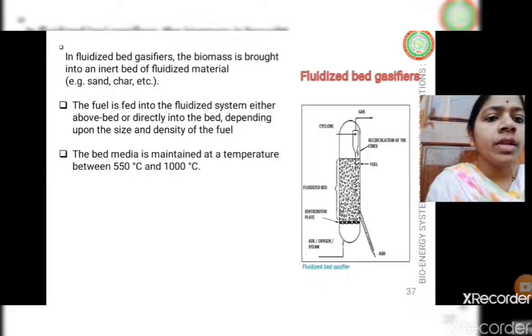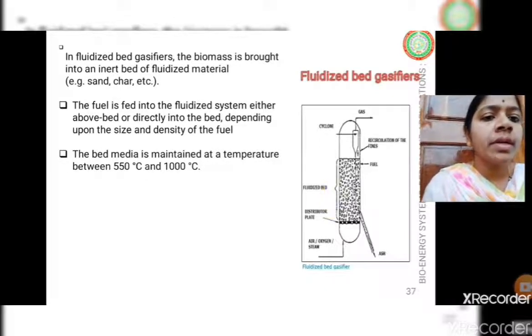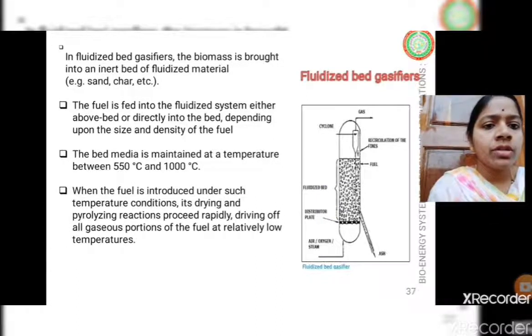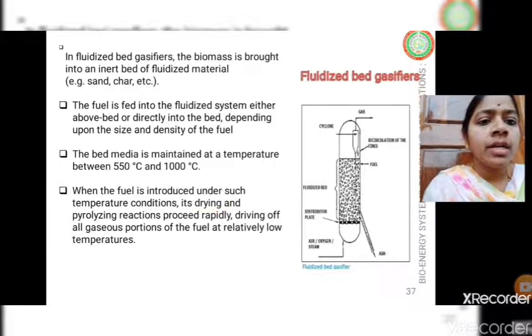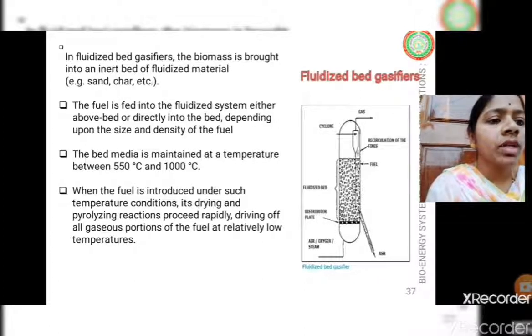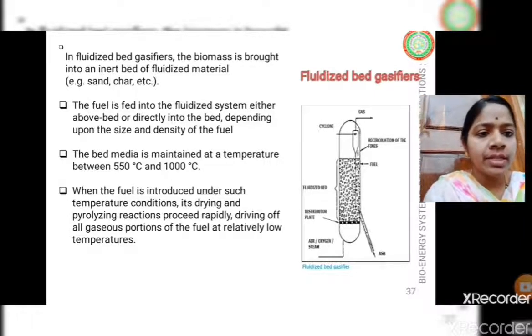Once the process starts, that is, once fluidization starts, the drying and pyrolysis processes take place much faster. The fluidized bed maintains a temperature of 550 to 1000 degrees Celsius. Here you can see the drying and pyrolysis reactions happen very rapidly. Why? Because the particles suspended in the fluidization come in contact with the heat at every nook and corner, and they are converted into energy gases.